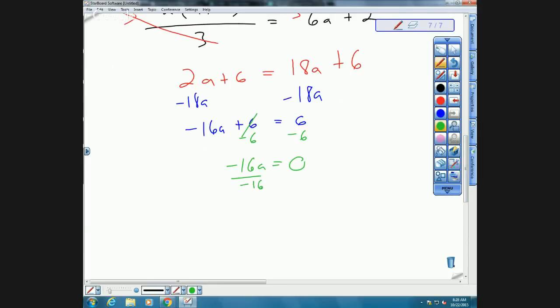So if you divide 0 by any number, what do you get? 0. You divide 0 by any number, you get 0. What if you divide any number by 0? You can't. You get undefined. Do it in the calculator, it'll pop up and say error. So 0 divided by any number is 0. Any number divided by 0 is undefined.